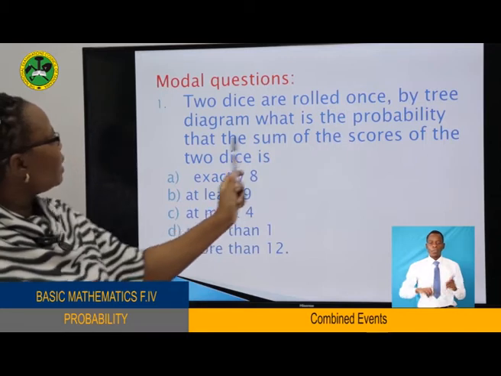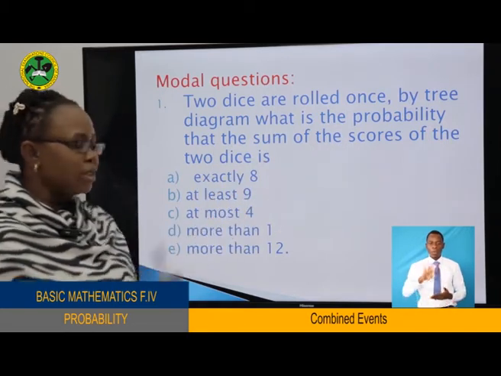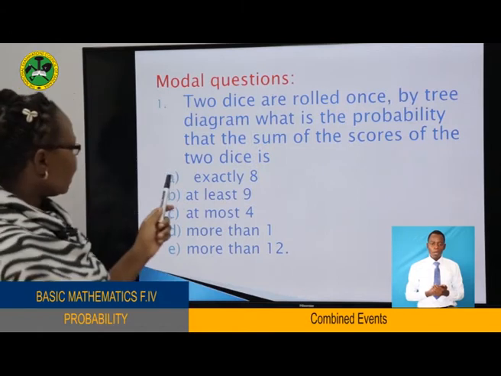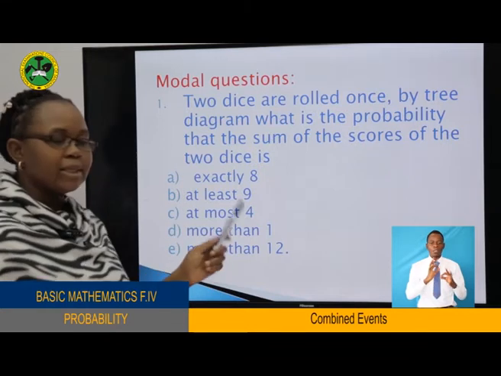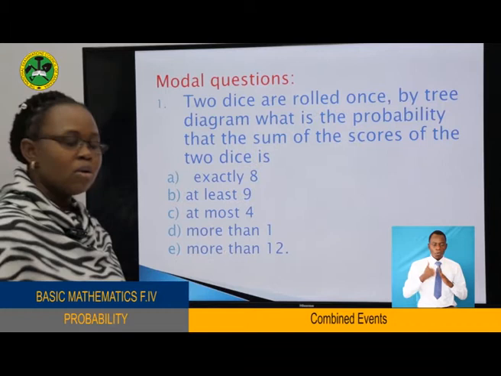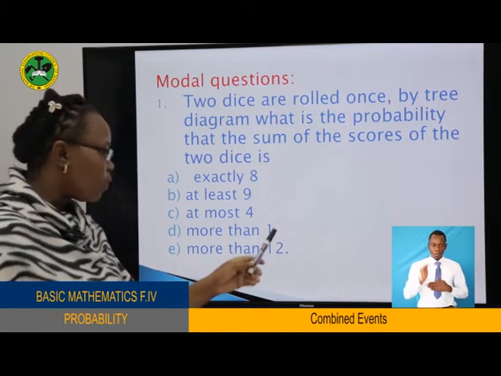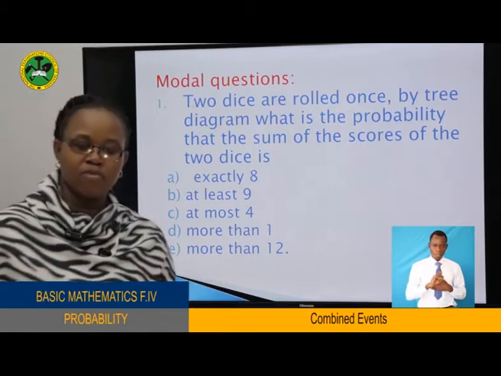What is the probability that the sum of the scores of the 2 dice is: part A, exactly 8; part B, at least 9; part C, at most 4; part D, more than 1; part E, more than 12.